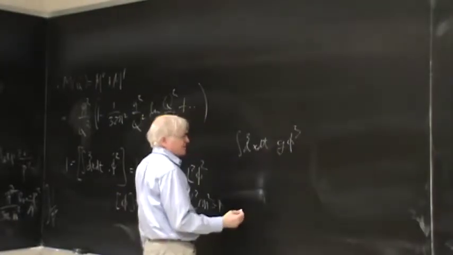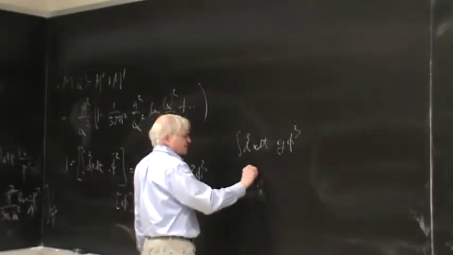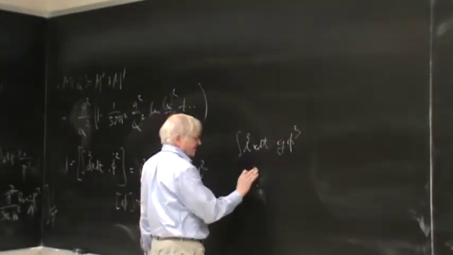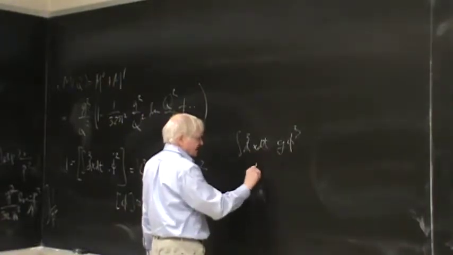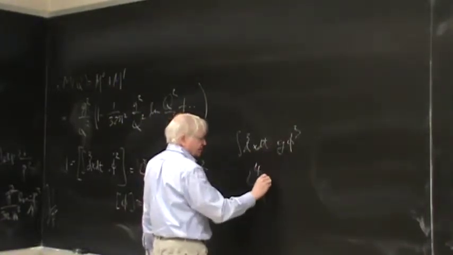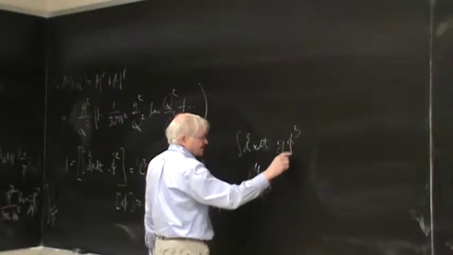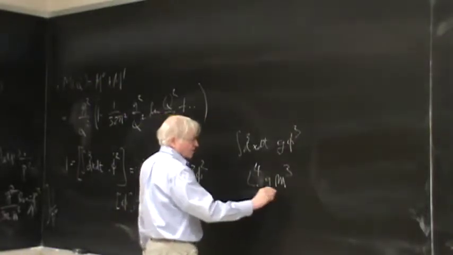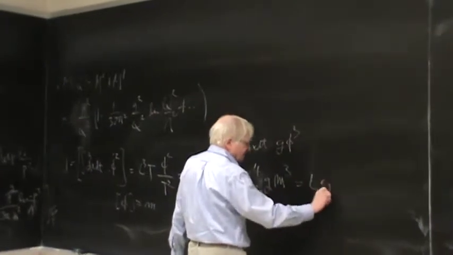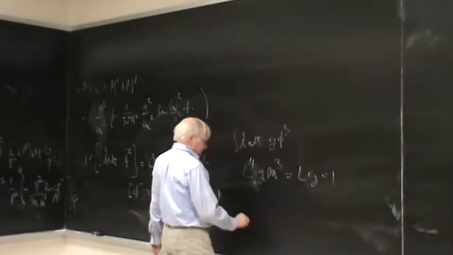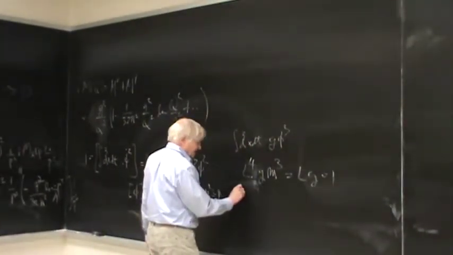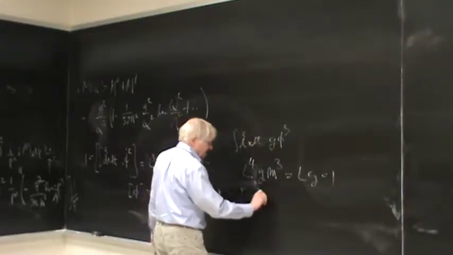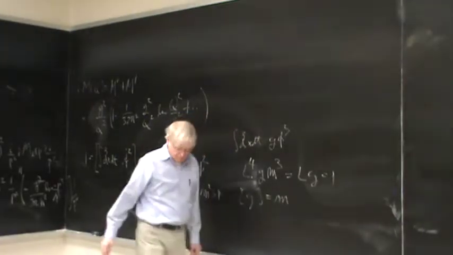So this has to have dimension 1, but that means we have L to the 4th from these, and g is m cubed. So this means that LG has to be 1, and so the dimension of G is also mass.